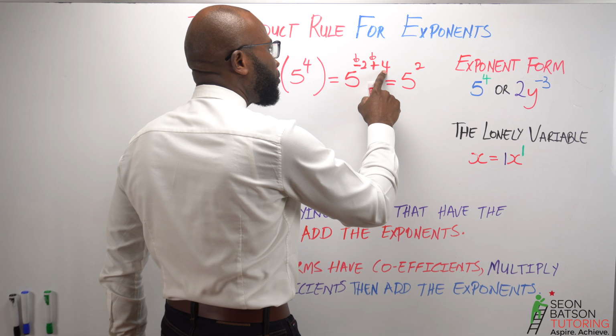So we will multiply our coefficients first. 4 times 2 will give us 8. So we have our 8. And now we deal with our variable or the base, m. 3 plus 2. Add the exponents. So this will give us 8m to the 5th power.